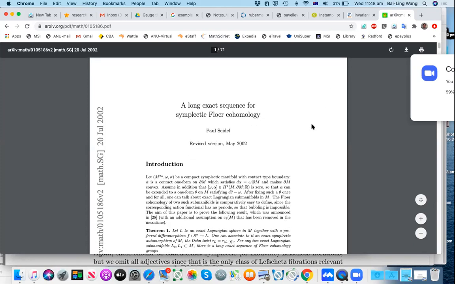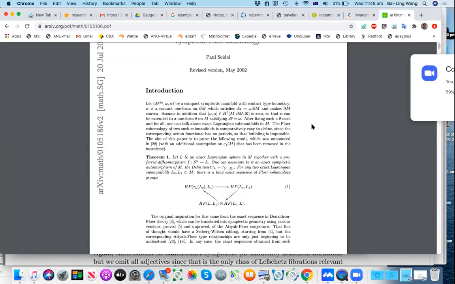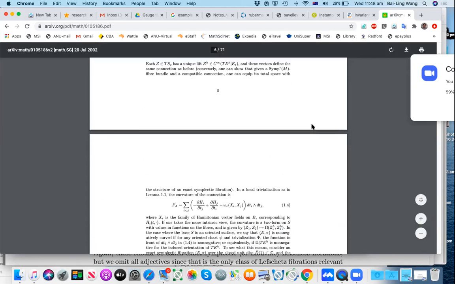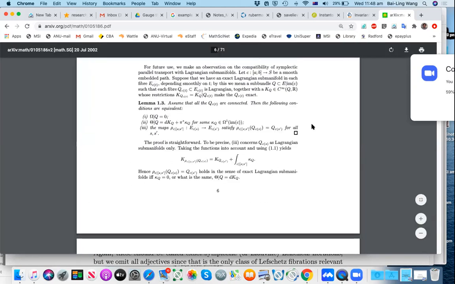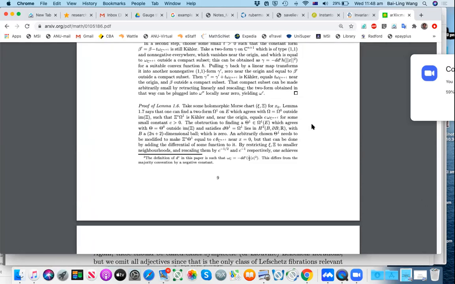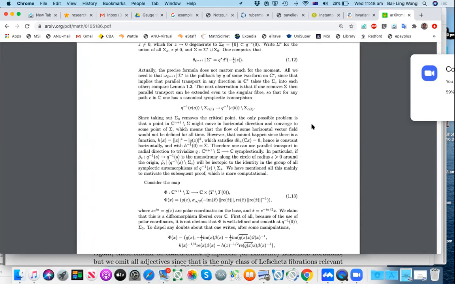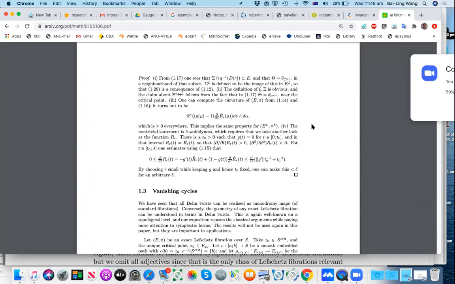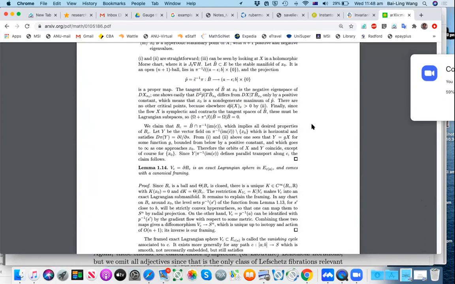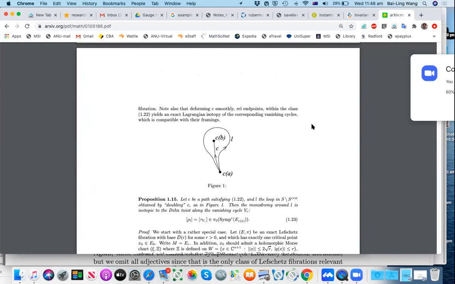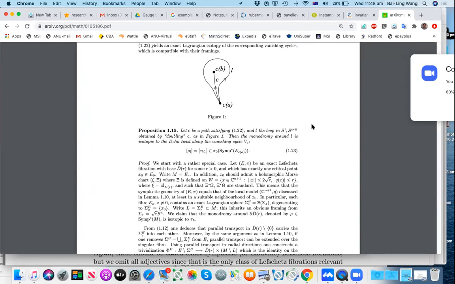I would like to see the paper, not the provider. Yep, page 19. Yeah, this one.